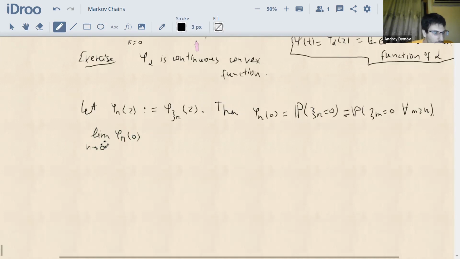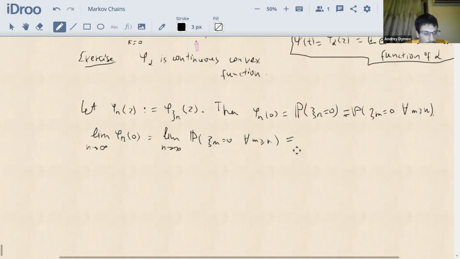Let us consider the limit of phi n of 0 when n goes to infinity. This is the limit as n goes to infinity of these probabilities, that from some moment of time there is nobody.